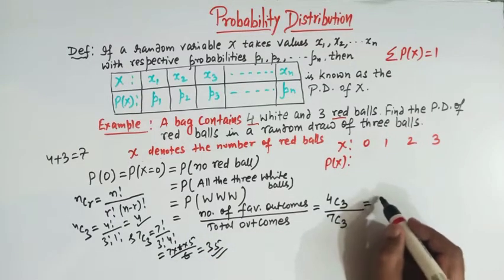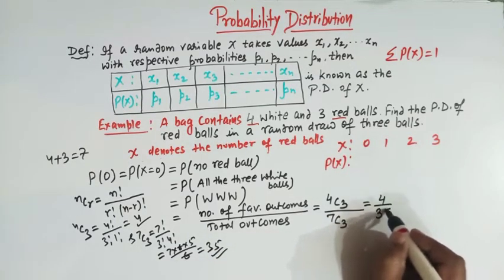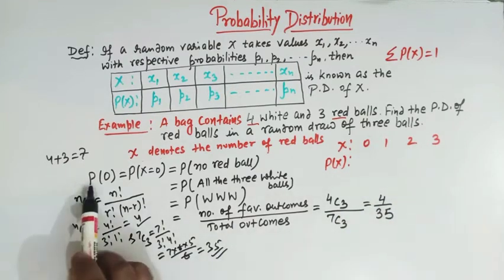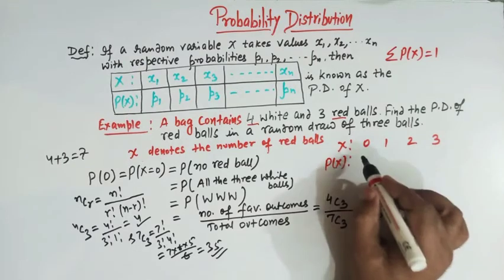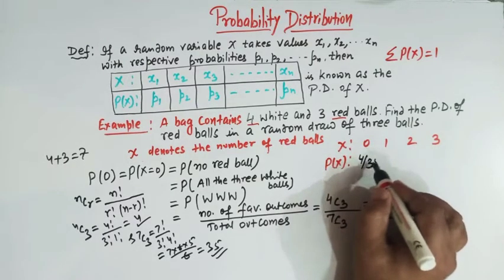So this is 4 divided by 35. So P of 0 is equal to 4 by 35.